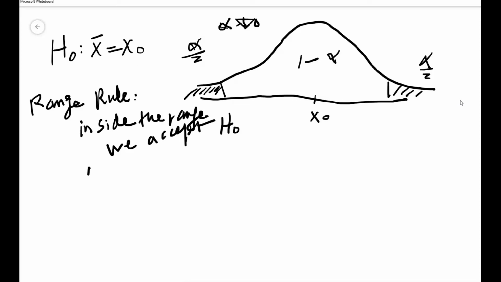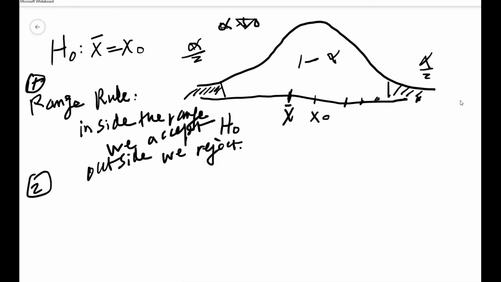Otherwise, outside, we reject. It is obvious, right? Suppose we are given the x bar. If it is here, so close to x0, inside the range, we accept. If it's here, then we reject. The first range rule is easy to understand: inside the range, we accept.